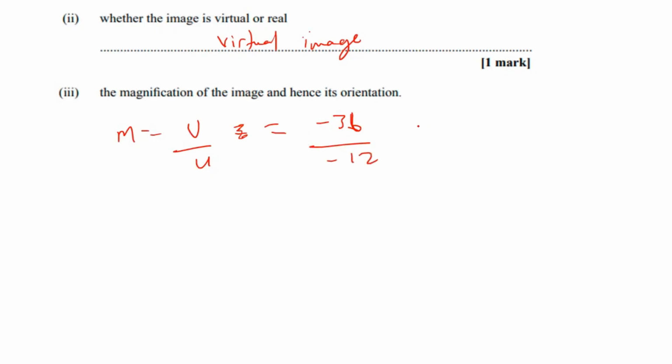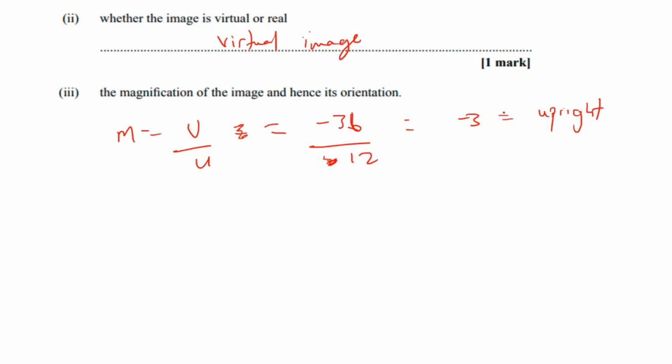I think this was 12. So the magnification in this case is going to be -3. Okay, and it says, hence its orientation. Orientation is upright. Wait, is the 12 negative? Sorry, my apologies. So 12 wasn't negative, sorry.